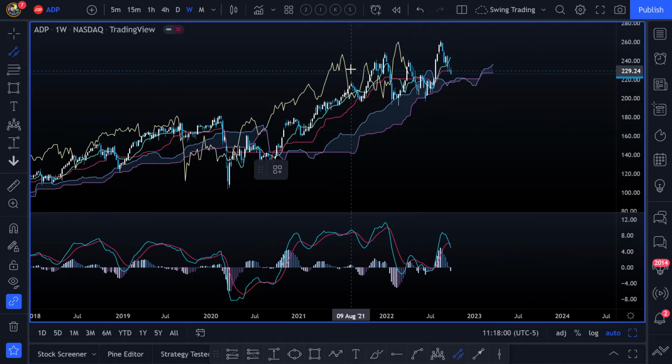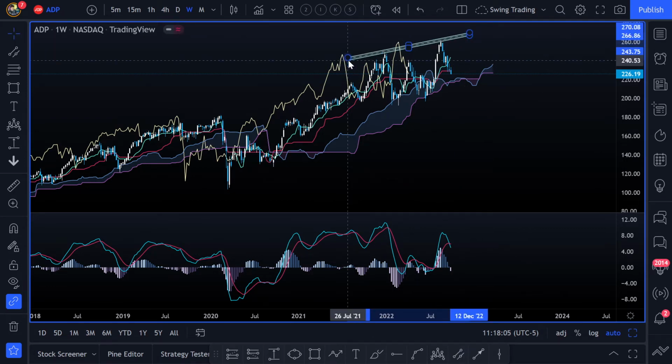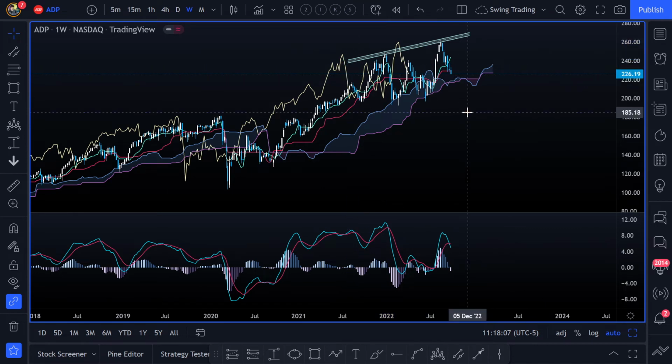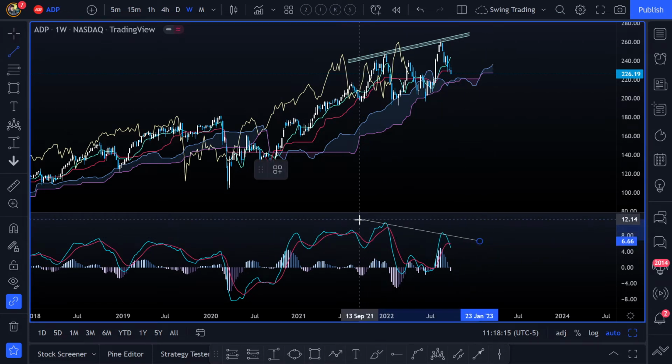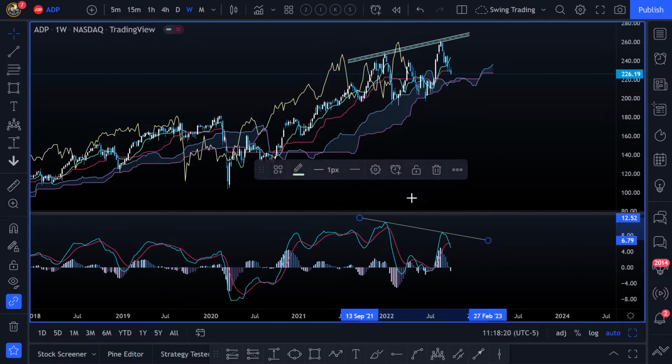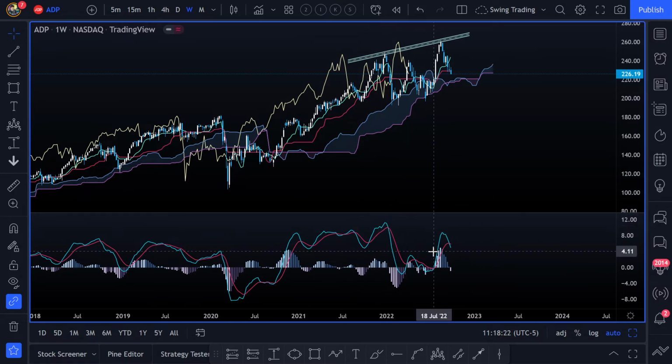We have these higher highs on the price and lower highs in the MACD. Oh, where did it go? Well, here it goes again.